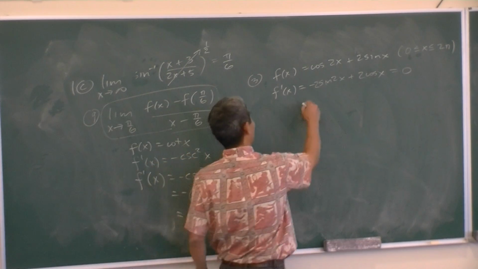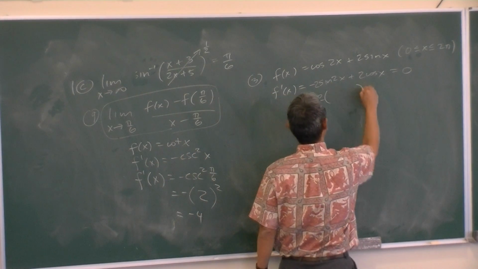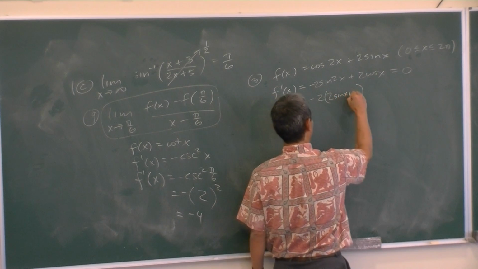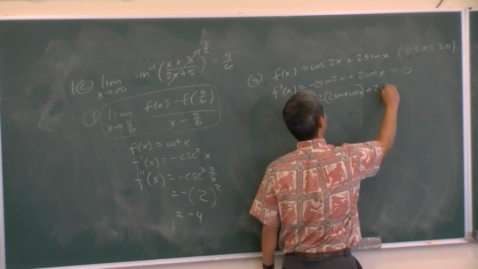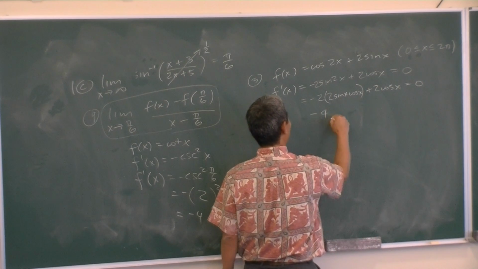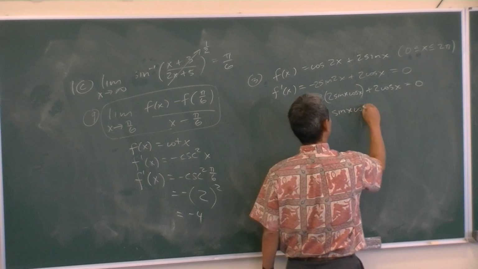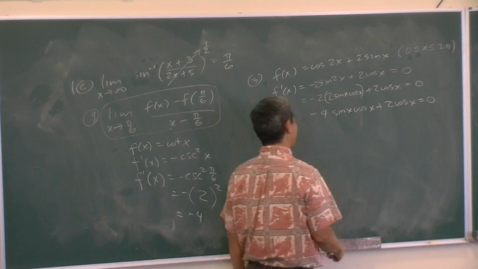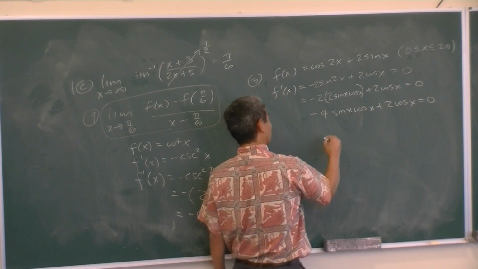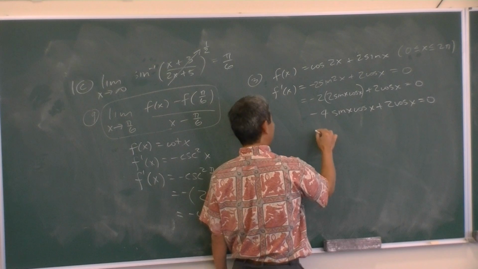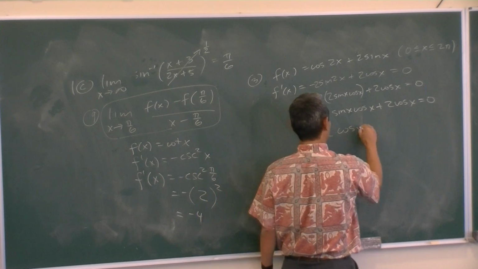So right here, what am I going to do with the sine 2x? Okay. And then now, come on. You can take it from here, right? So we got negative 4 sine x cosine x plus 2 cosine x equals 0. What can I factor out? Negative 2 cosine x. Yeah, but come on, the first term is negative. So negative 2 cosine x.